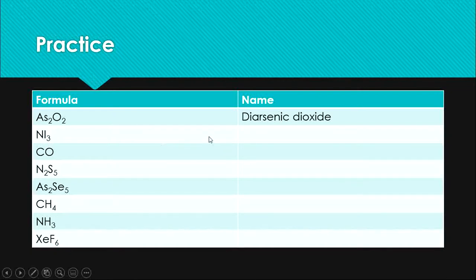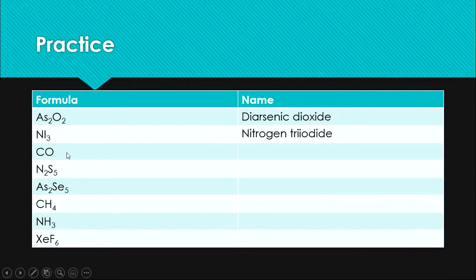Now remember the rules. You never begin the name with mono. Okay, so for that first part, you never begin with mono. You just simply write the name nitrogen, and then the second part is triiodide. So this name is nitrogen triiodide.